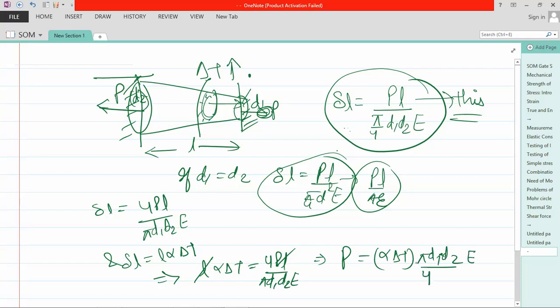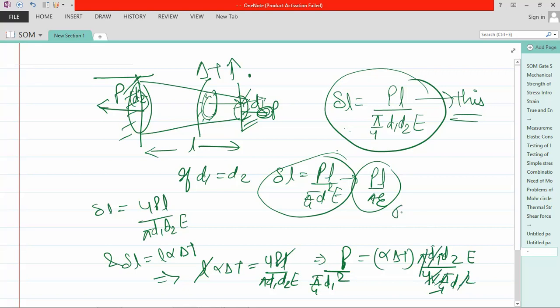Now you can ask what is the maximum stress, and you know maximum stress occurs at the minimum cross section. So this is the minimum cross section, and if you divide it by pi by 4 d1 square, and simply divide also here by pi by 4 d1 square, d1 d1 cancel.